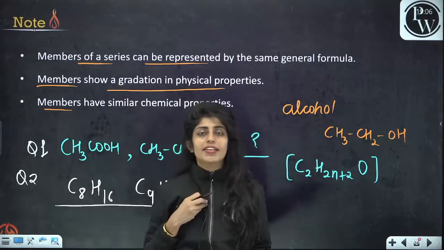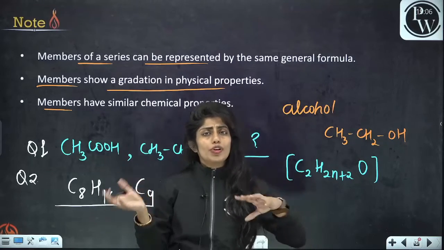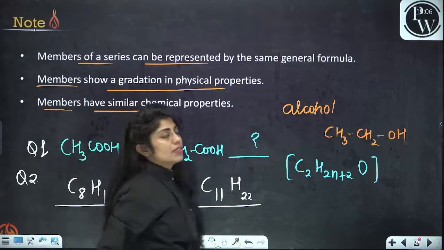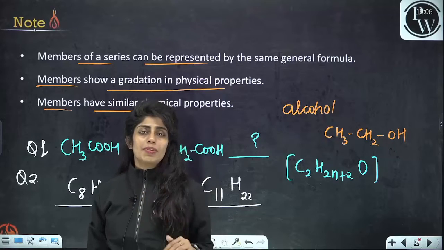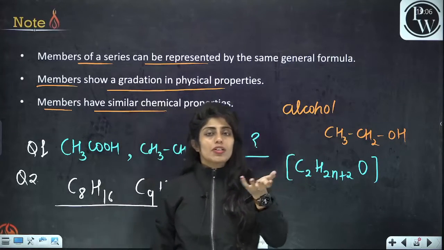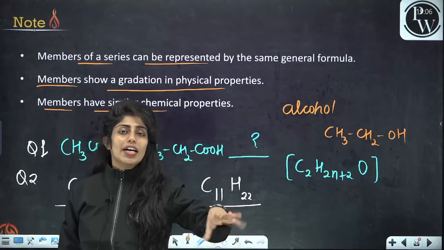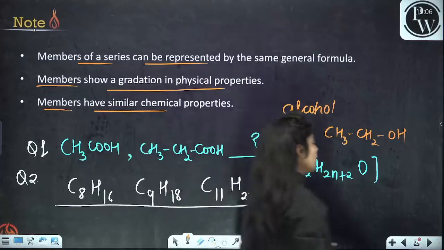If you have the same surname, you belong to the same family. So chemical properties are going to be the same. Your ethics, your culture will be the same if you are in the same family. But your age, your height, your weight will change. Physical properties will not remain the same.